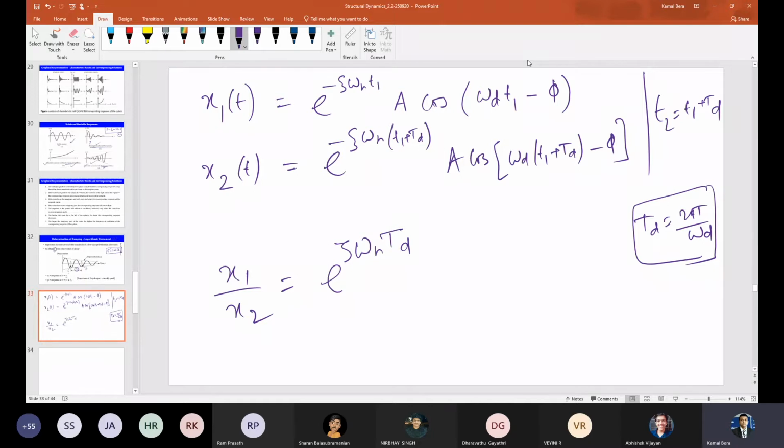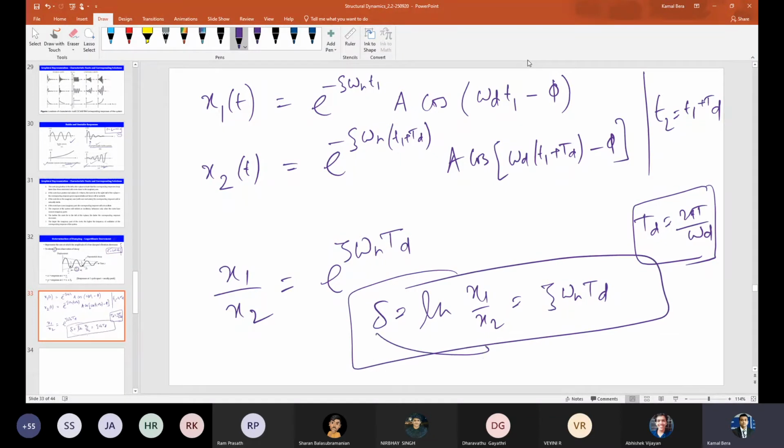Now we'll take the logarithm on both sides, natural log, e base. So I'll get ln(x1 by x2) equals zeta omega n Td. This is defined as the logarithmic decrement delta. This is called logarithmic decrement.